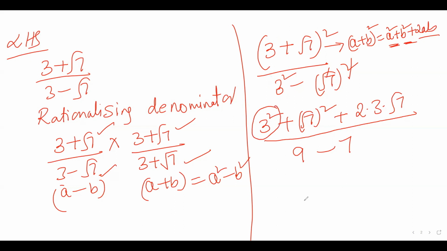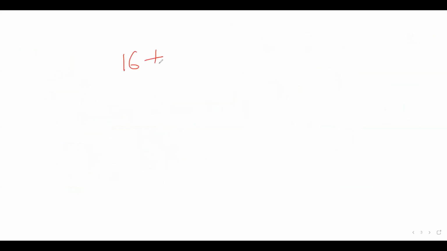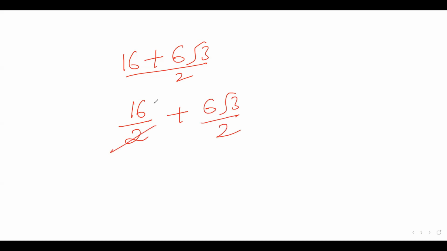Now 3 square is 9, square and root cancel, 2 threes are 6 root 7, 9 minus 7 is 2. 9 plus 7 is 16. 6 root 7 by 2, separating denominator. 16 by 2, 6 root 7 by 2, 2 cancels 8 times, 2 divides this 3 times, 8 plus 3 root 7.